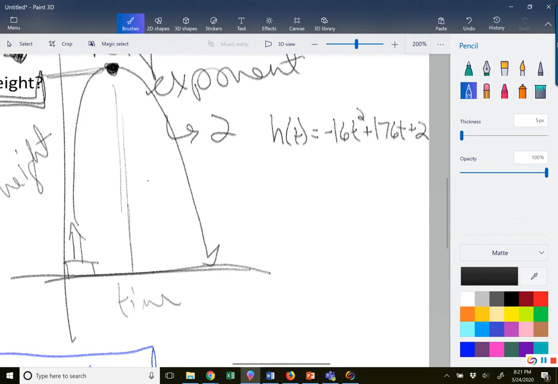So instead of t, I'm going to put 5.5. And then I'm just going to plug it in my calculator. You get 486.